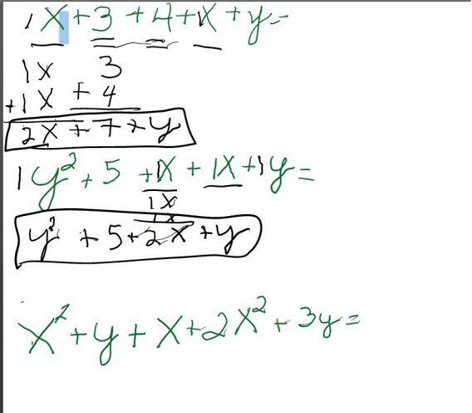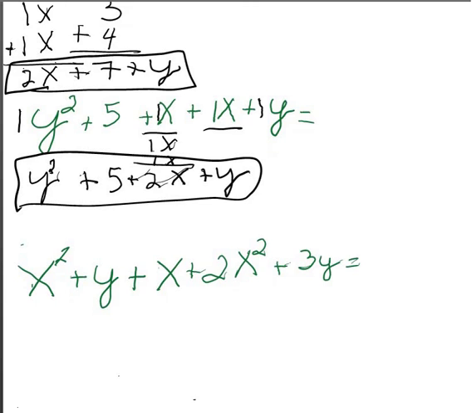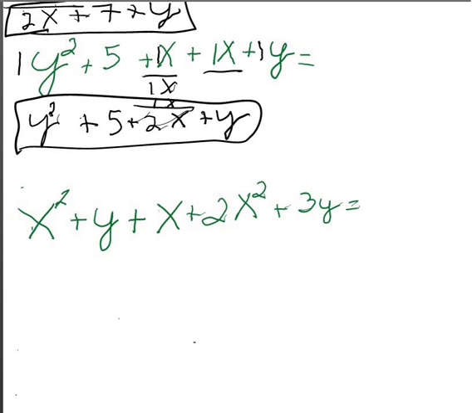Let me scroll down a little bit. We have one more. Okay, we have an X to the second power here, and I see one right here. Is there any more? No. We have a plain Y here to the first power, and we have another one here. And it looks like this lonely guy is just going to stay lonely.